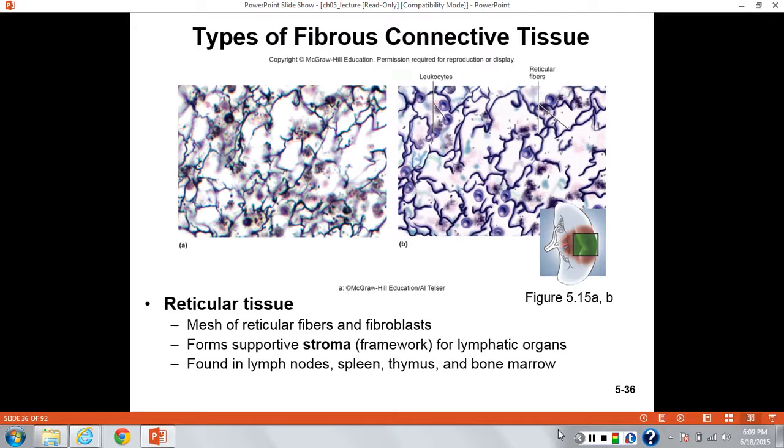Alright, this is reticular tissue. The spleen, where's the spleen located? Left side, right side? Where's the thymus located?